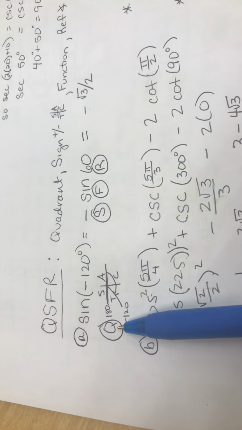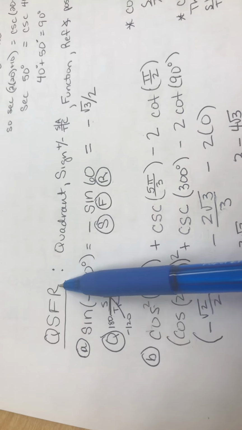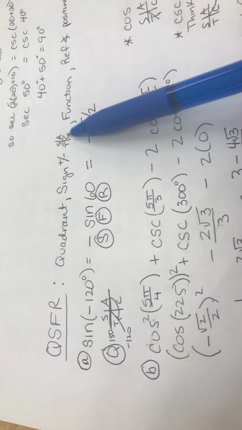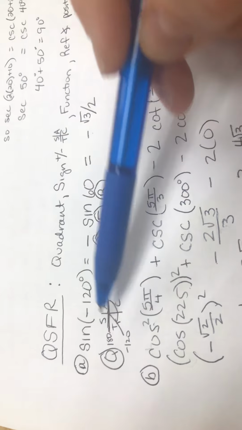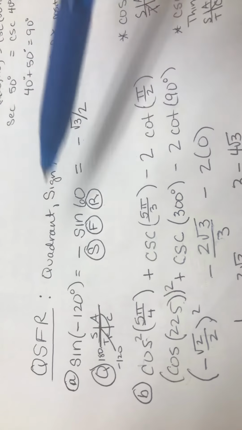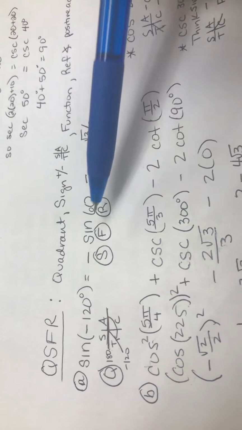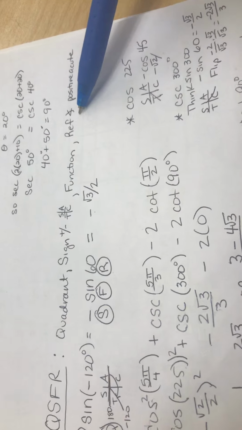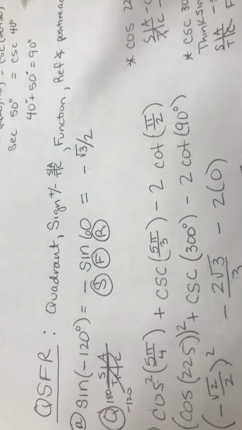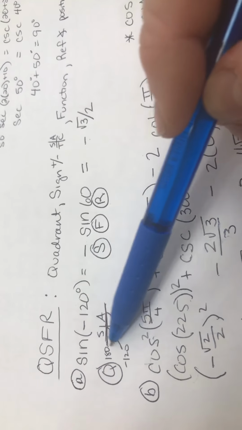So now that I've done Q, I need to do the SFR. The S is the sign, whether it's positive or negative. Well, if tan is positive, then sine would be negative. F is the function, so the function is sine, because that's what they gave you. And R is the reference angle, always being positive acute. So what's the distance between this?